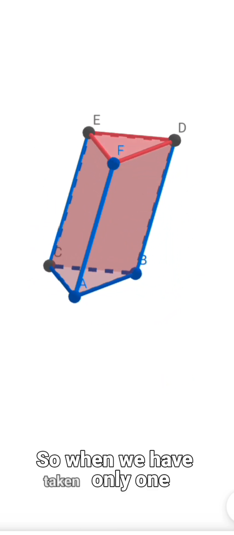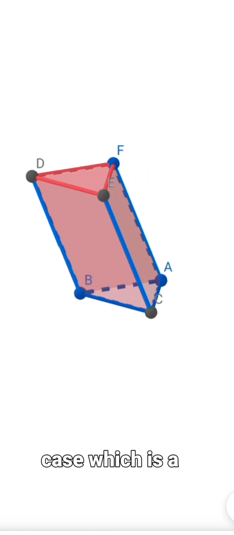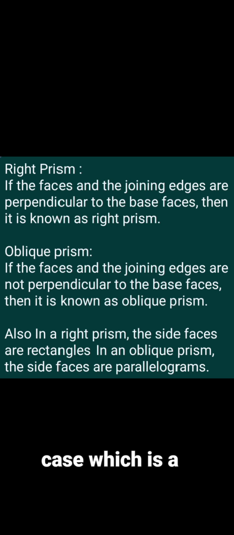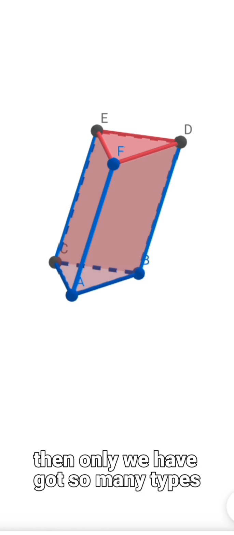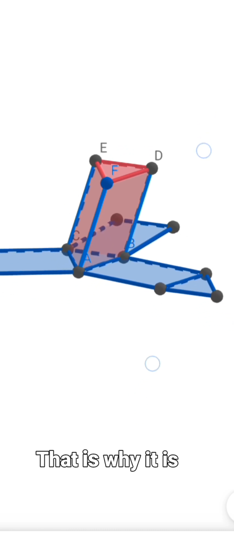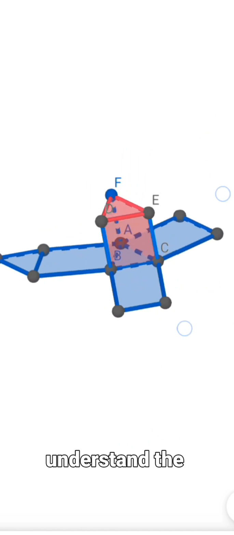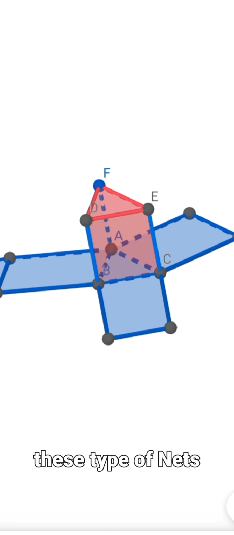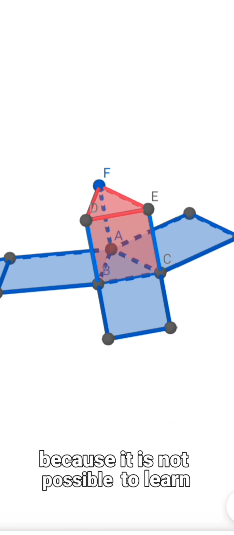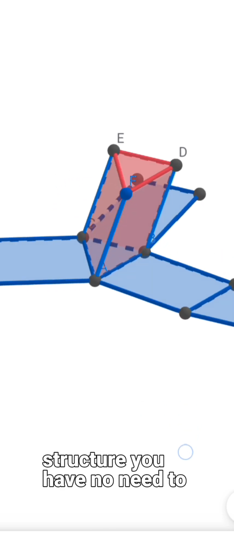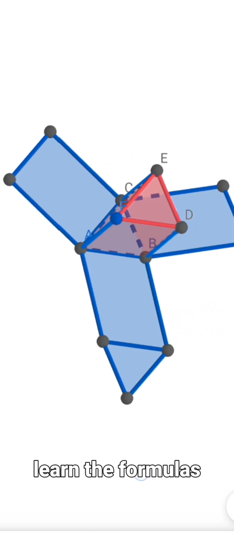So when we have taken only one case, which is a triangular prism, then only we have got so many types. That is why it is very important to understand the structure and these types of nets of 3D structures, because it is not possible to learn everything. Once you understand the structure, you have no need to learn the formulas.